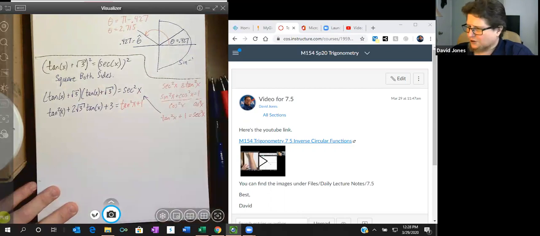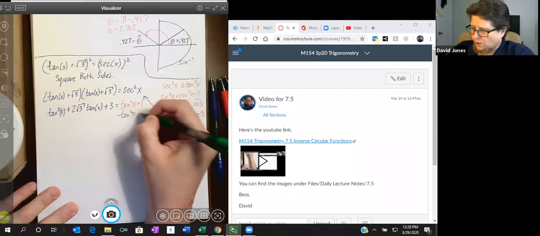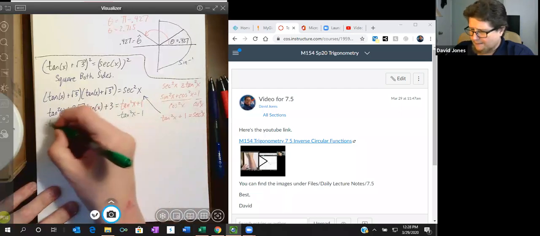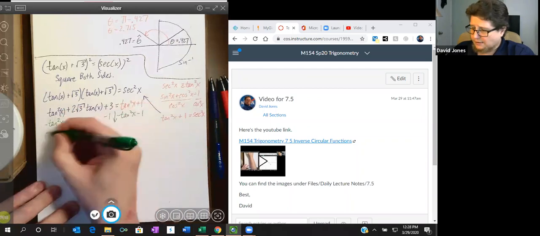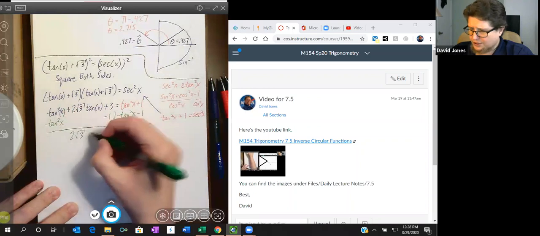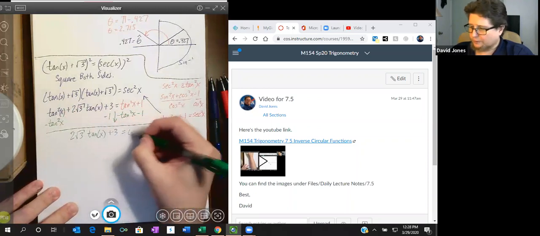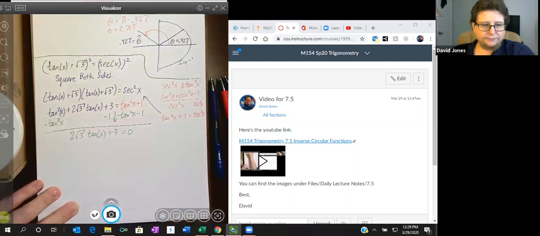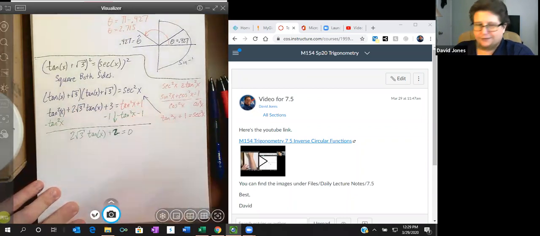I'll gather my terms on one side by subtracting tangent squared x plus 1 from both sides. Minus tangent squared x minus 1. I get 2 root 3 tangent x plus 3 equals 0. I could, plus 2. 3 minus 1 equals 2, David.